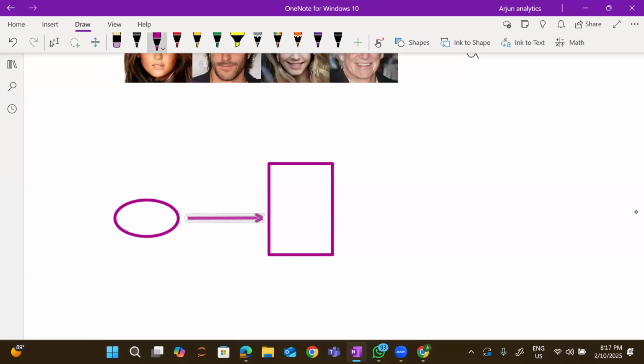Now, the specialty of these Gen AI models is that they are trained with a very, very large volume of data, like everything that is there over the internet. Again, you may ask me, then it will take a lot of time.